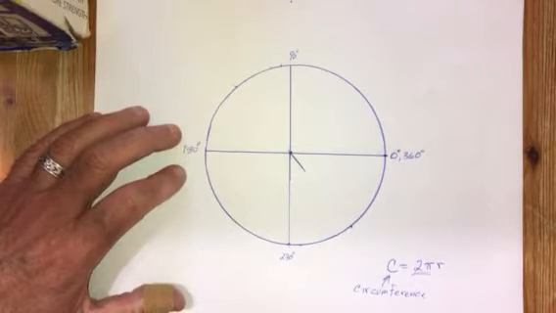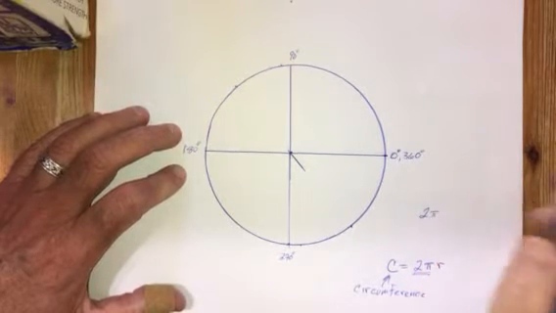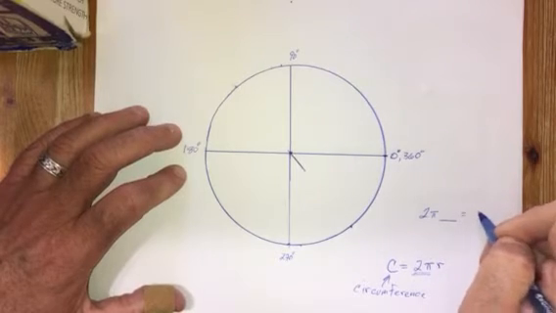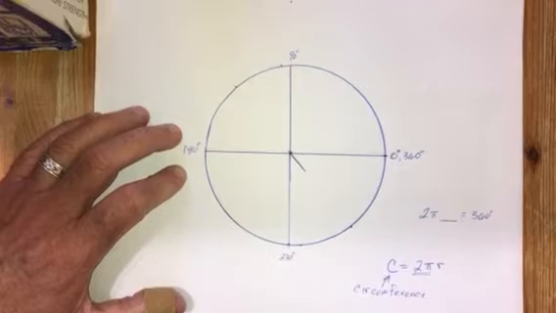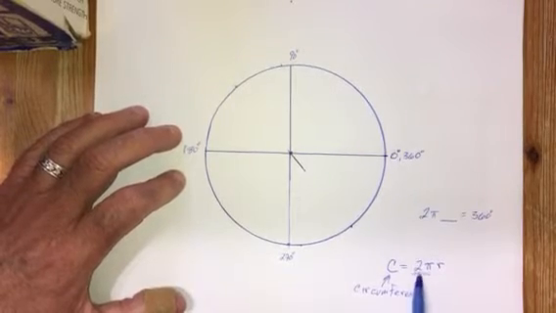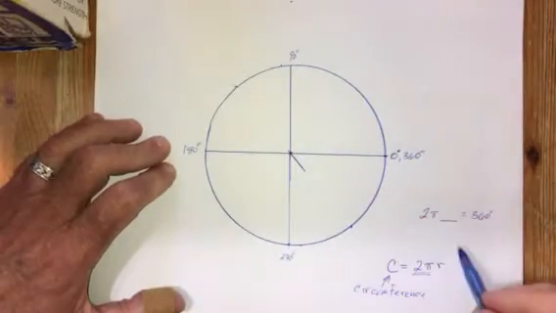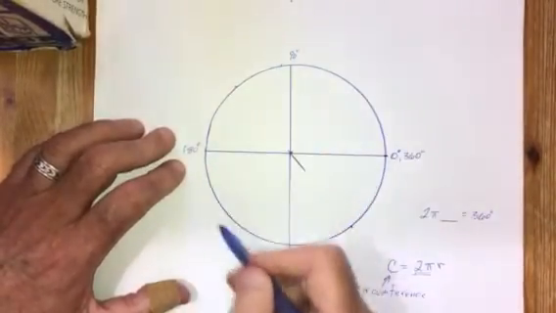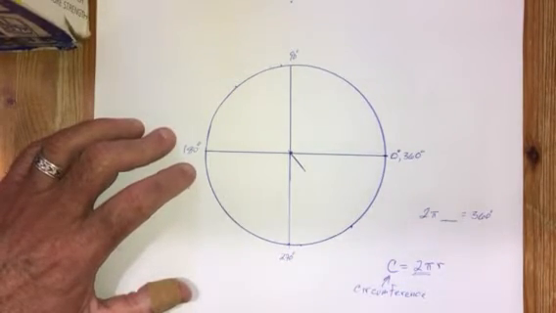So what we're going to say is that that 2 pi part, in whatever unit it is, we'll talk about that in just a moment, is the same thing as 360 degrees. Because 2 pi r represents going all the way around the circle. So we're going to say that that 2 pi also represents going all the way around the circle, as far as the angles are concerned.